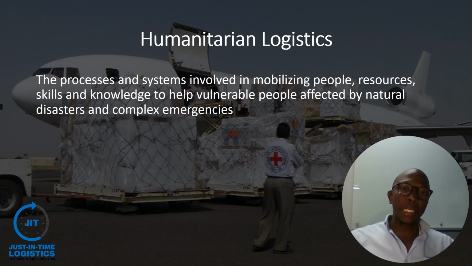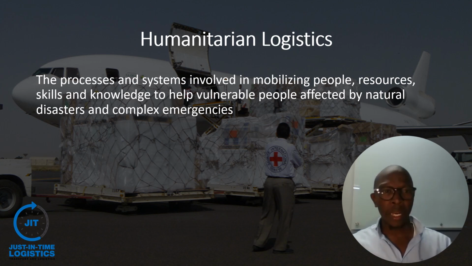Now there's humanitarian logistics. This one is not too popular, because natural disasters do happen, but it's not like an everyday thing. This one focuses on the processes and systems that are involved in mobilizing people, resources, skills and knowledge to help vulnerable people that are affected by natural disasters and complex emergencies.